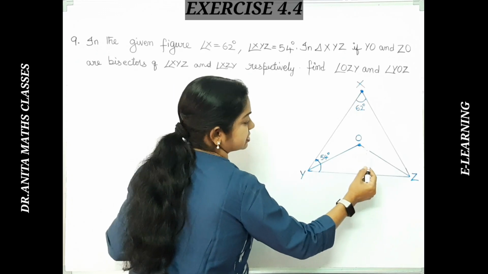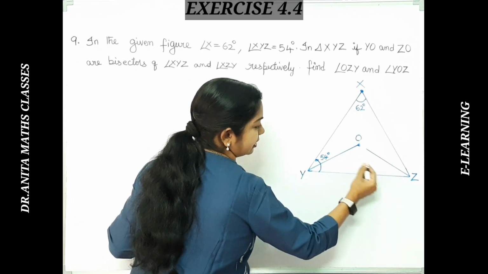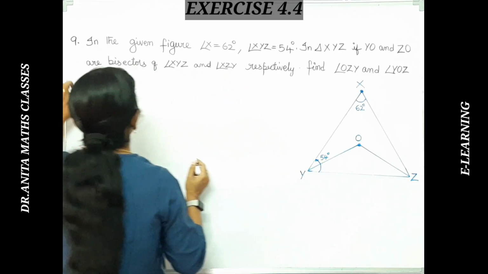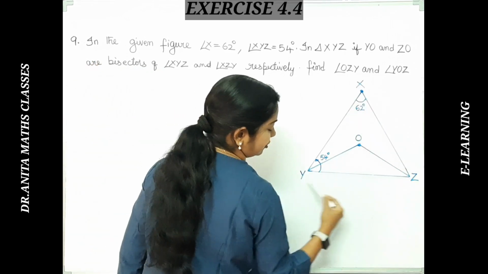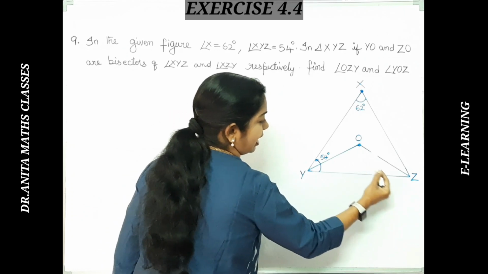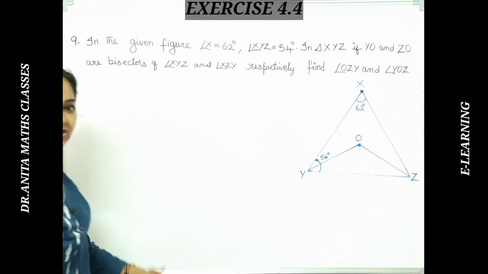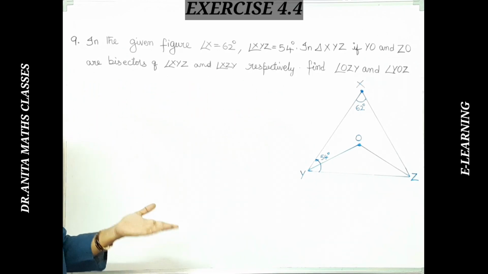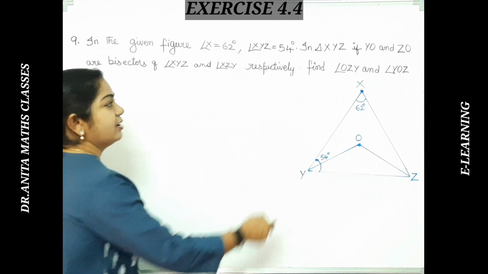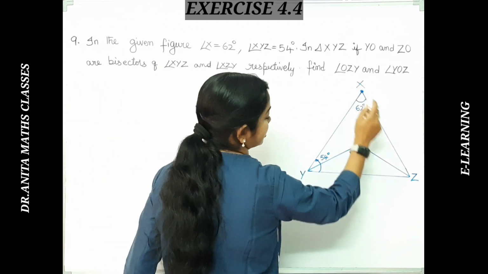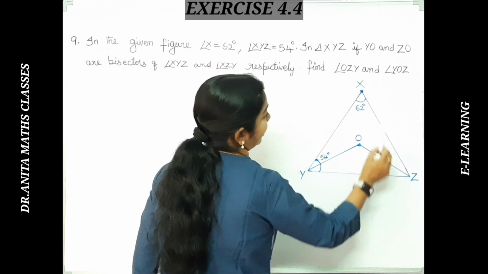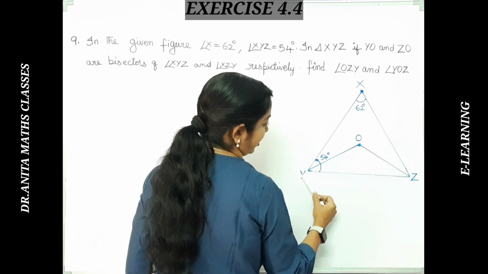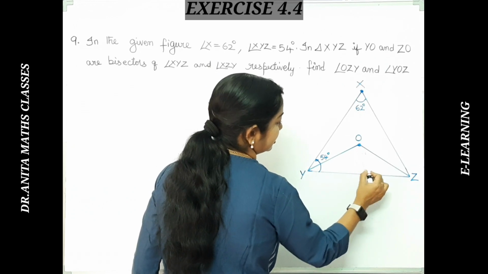YO and ZO are the bisectors of angle XYZ and XZY, so these two are the angle bisectors. Find angle OZY and angle YOZ, that means this angle and this angle.